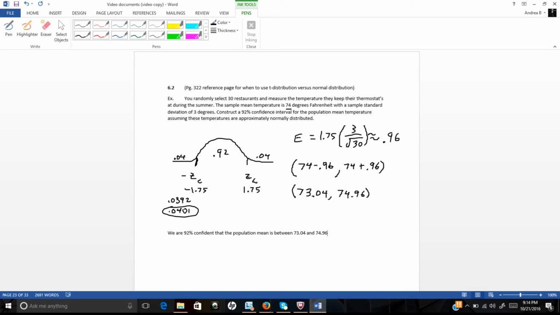This would be what's called your interpretation of the confidence interval.